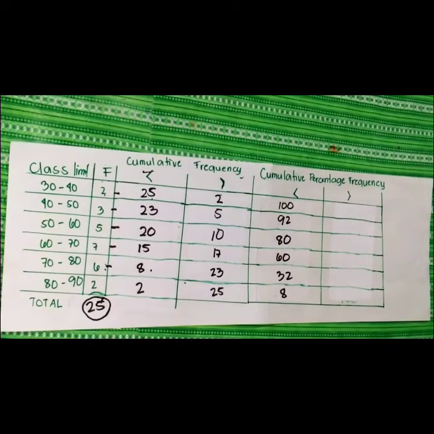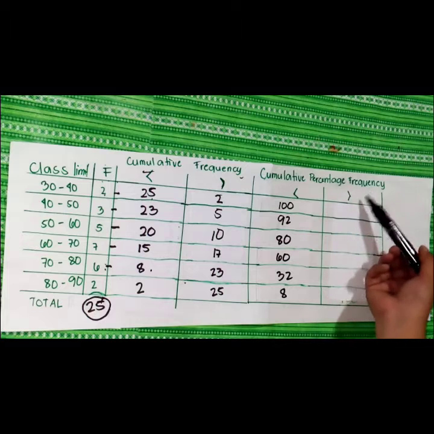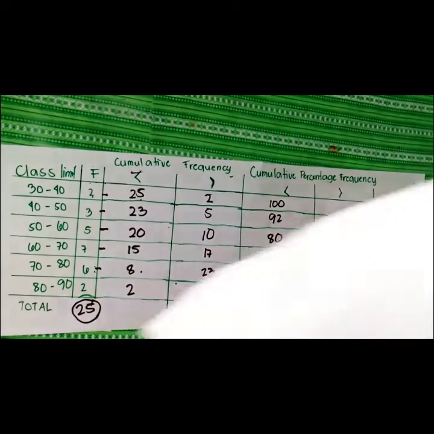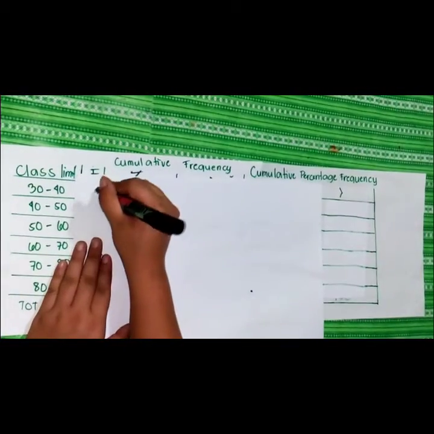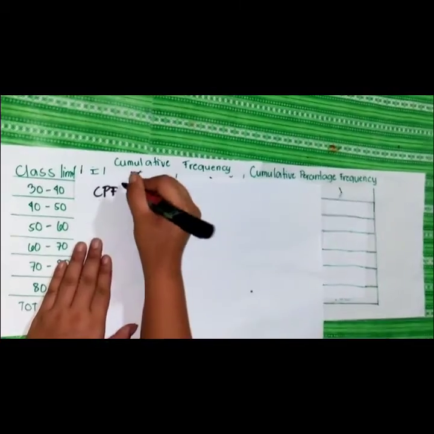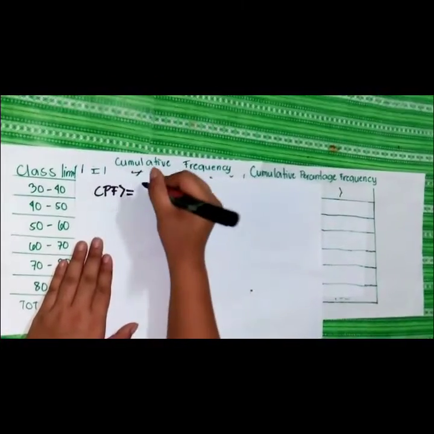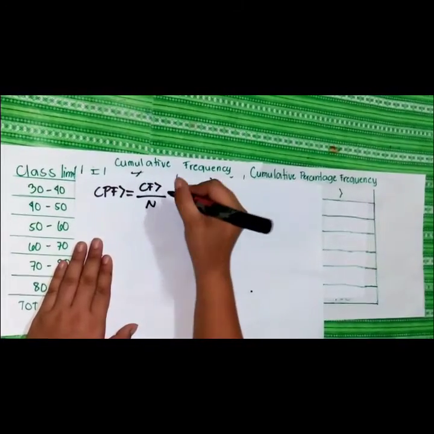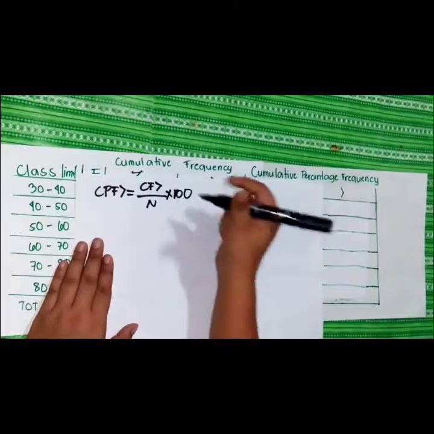So now we are going to find out how to compute the cumulative percentage frequency greater than. So in our cumulative percentage frequency greater than, we have a formula again. So our formula is CPF greater than equals CF greater than over the number of cases times 100.